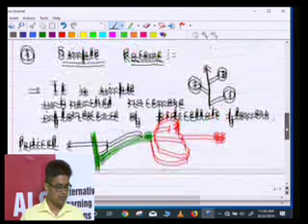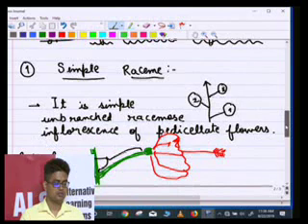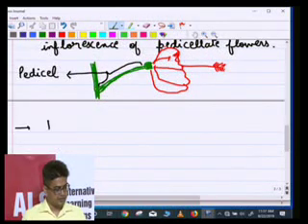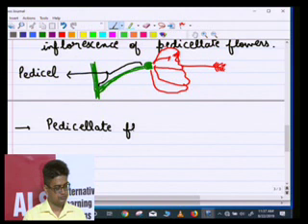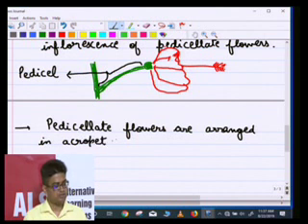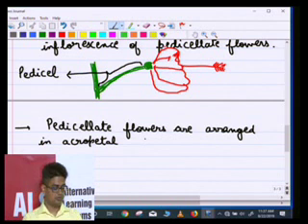So this is a simple raceme inflorescence. You can say pedicellate flowers are arranged in acropetal succession. Acropetal succession means the oldest part is at the base, the youngest is at the top.